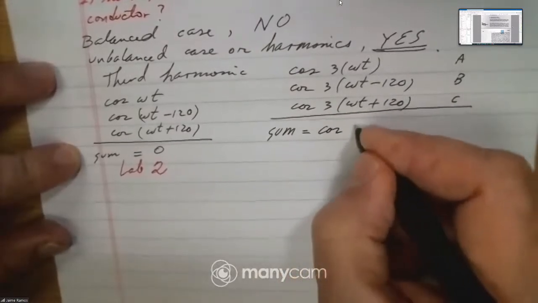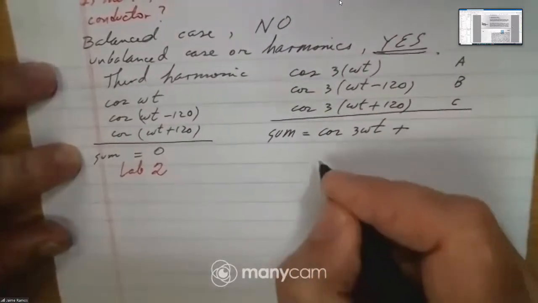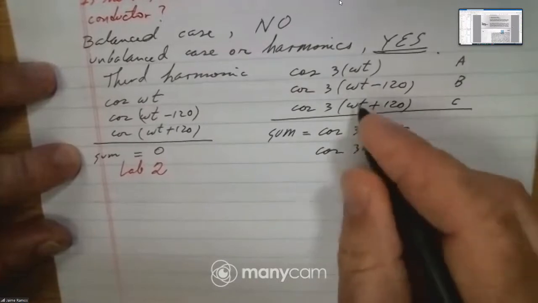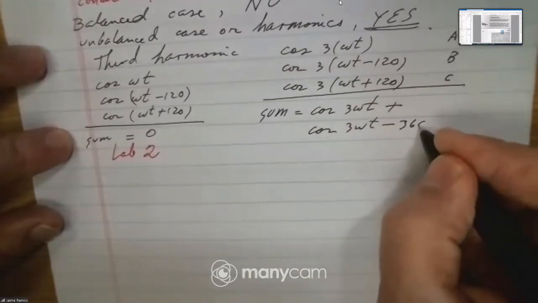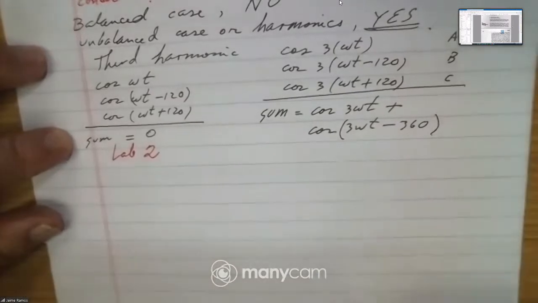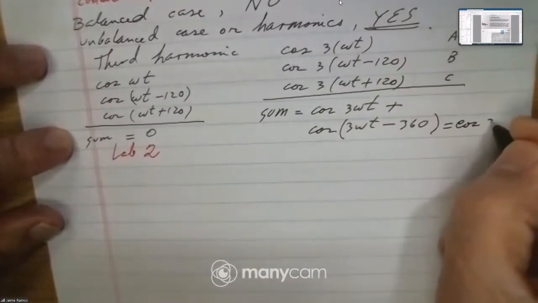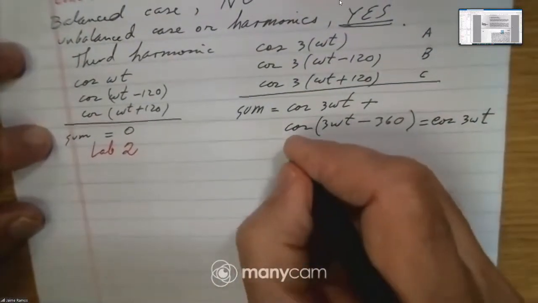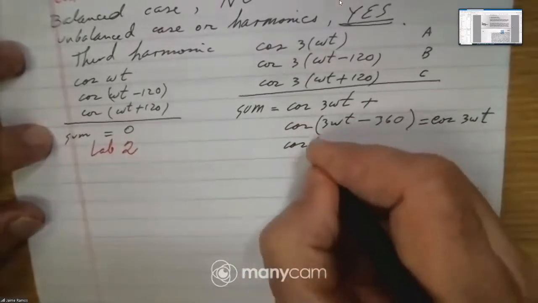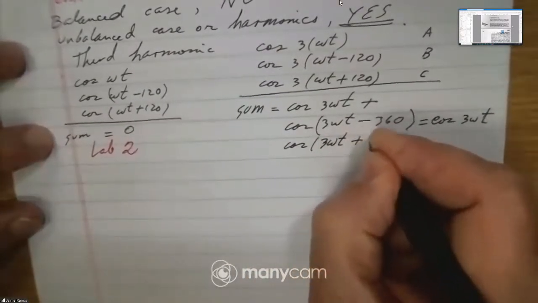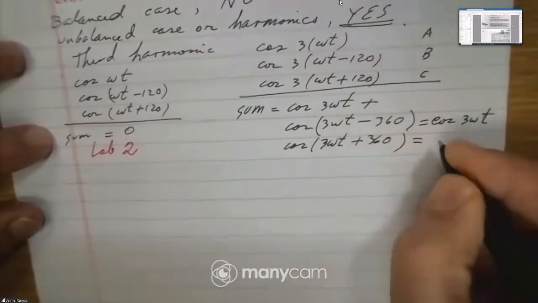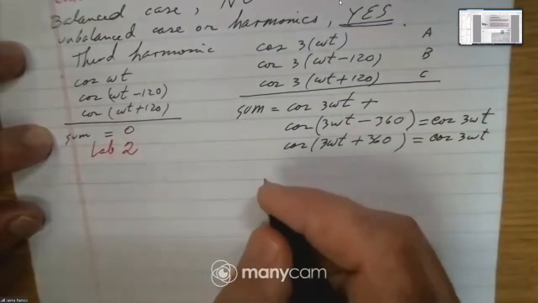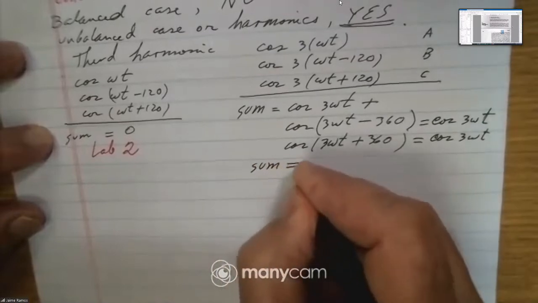It's cosine 3 omega t, plus cosine 3 omega t minus 3 times 120, which is 360, equal to cosine 3 omega t, and then the last phase, 3 omega t plus 360, equal to cosine 3 omega t. So the sum is not 0.